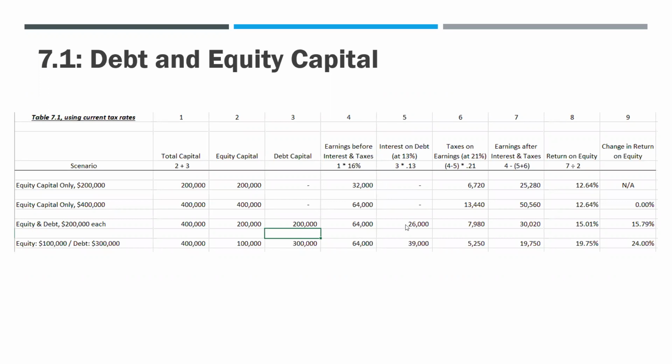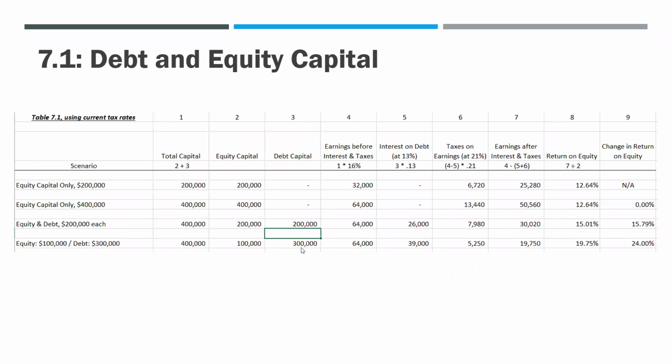Where it's going to differ is where you have your interest calculation. So scenario 3 brings in the calculation of interest on the debt. So 13% is our stated percentage. For scenario 3, the 13% is figured on 200,000.